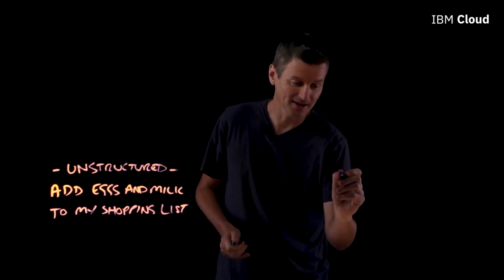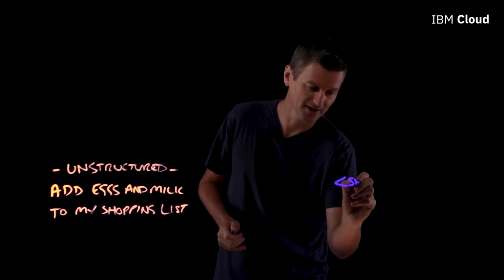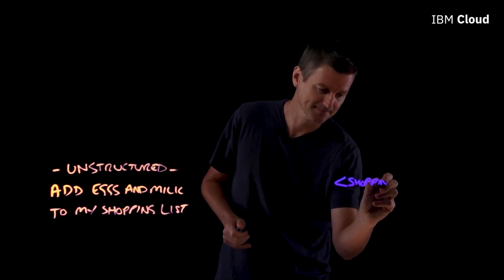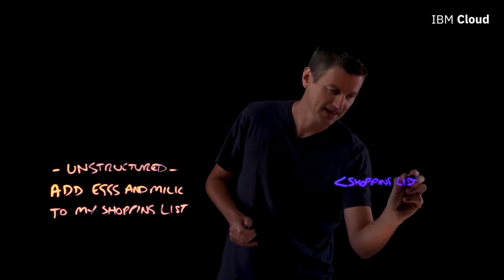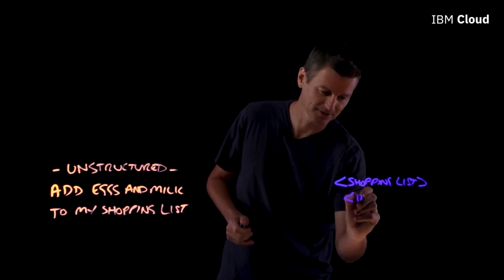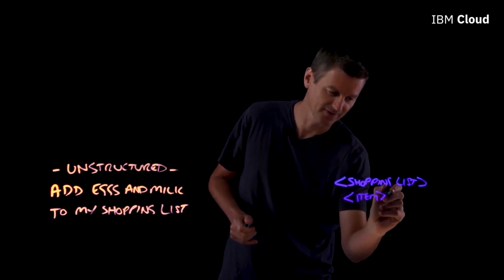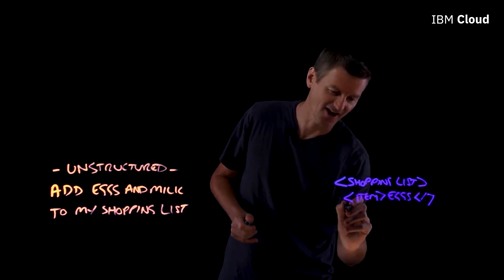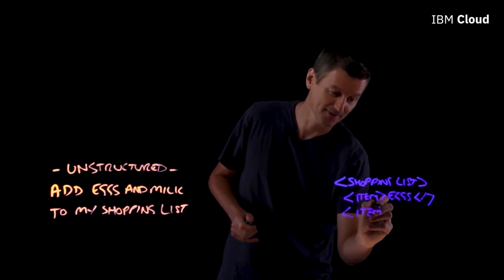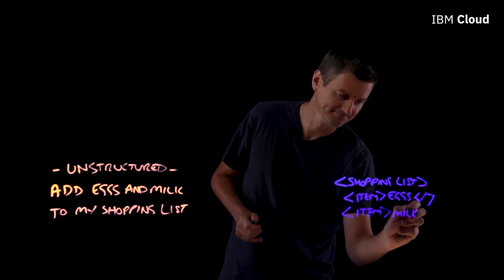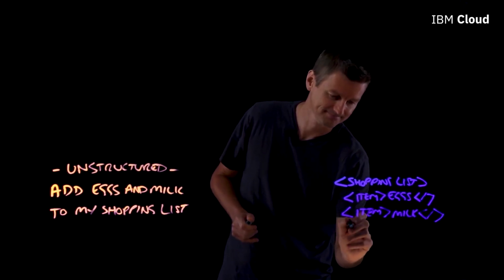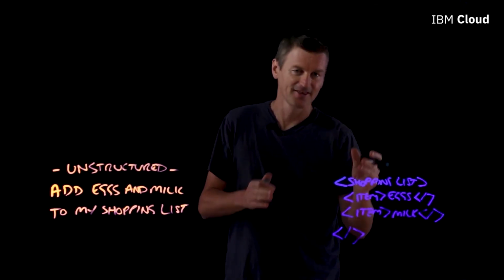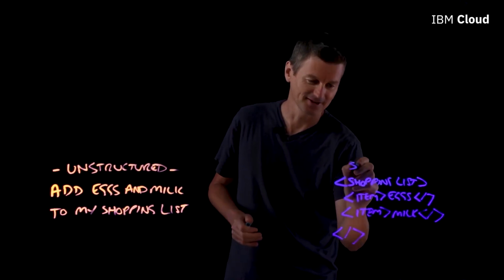Now that might look something a bit more like this, where we have a shopping list element, and then it has sub-elements within it, like an item for eggs, and an item for milk. That is an example of something that is structured.